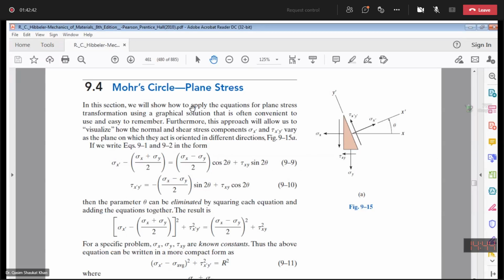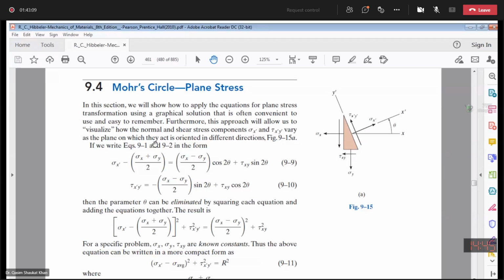In this section, we will show how to apply the equations for plane stress transformation using a graphical solution that is convenient to use and easy to remember. Moreover, this approach will allow us to visualize how the normal and the shear stress components vary.